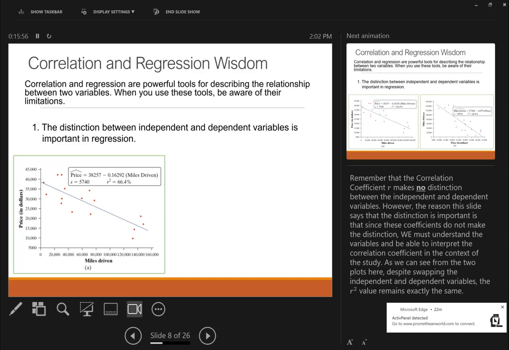So notice here we have a scatter plot. The two variables are miles driven and price in dollars. So this is in reference to the value of a car. Hopefully, as you know, the value of a car decreases as you put more miles on it.